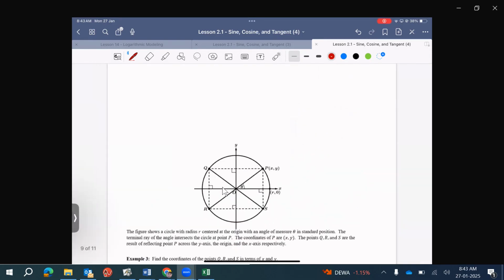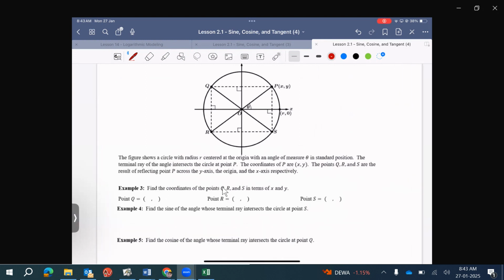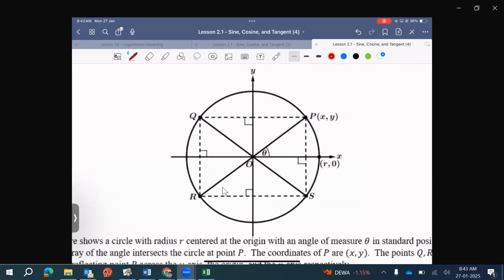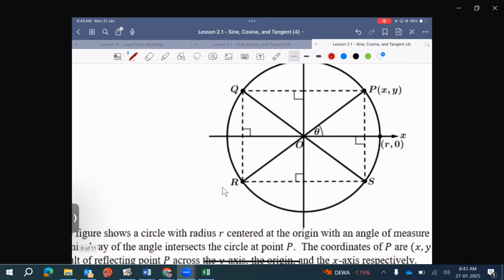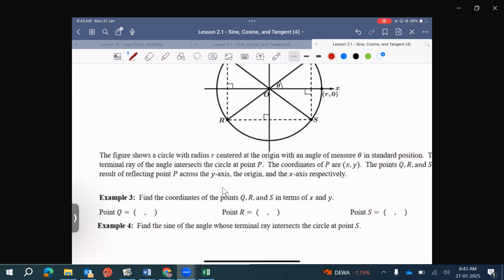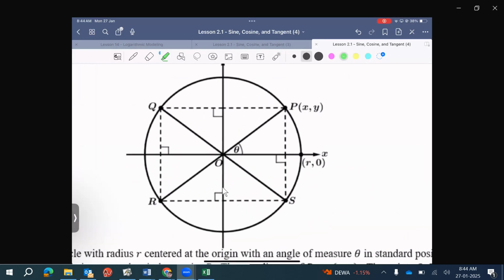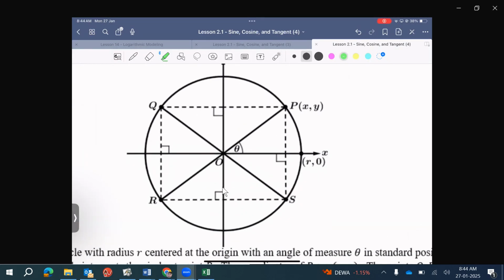Okay, next question. Let's have a little look. What we have to do with this question is find points Q, R, and S. So we have to basically reflect these points around using symmetry.